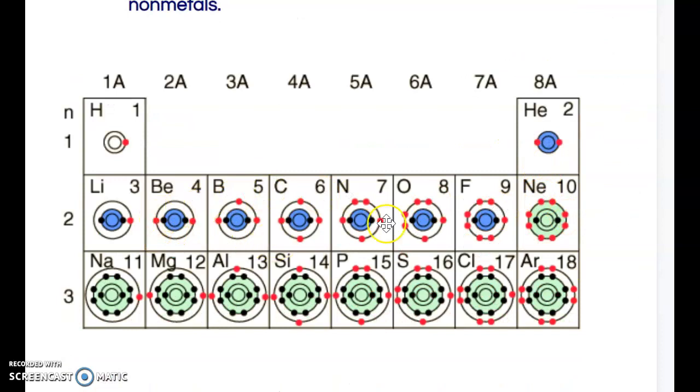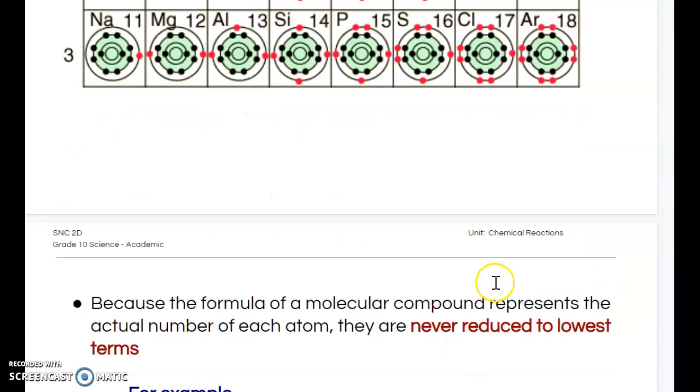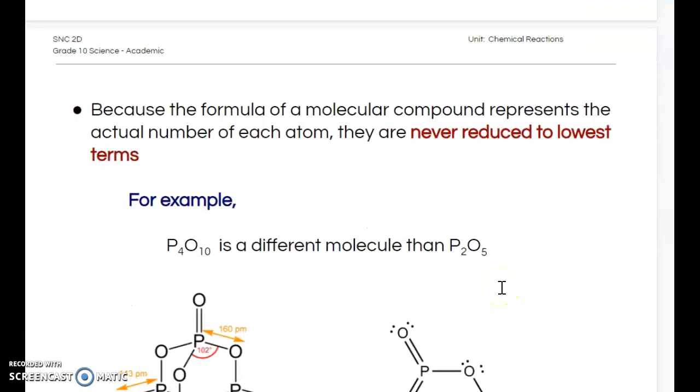For example, here we were looking at lithium, sodium as metals, and then you were looking at fluorine, chlorine, oxygen, sulfur, nitrogen, phosphorus as non-metals. And usually covalent bonds happen between non-metal atoms or non-metal elements.